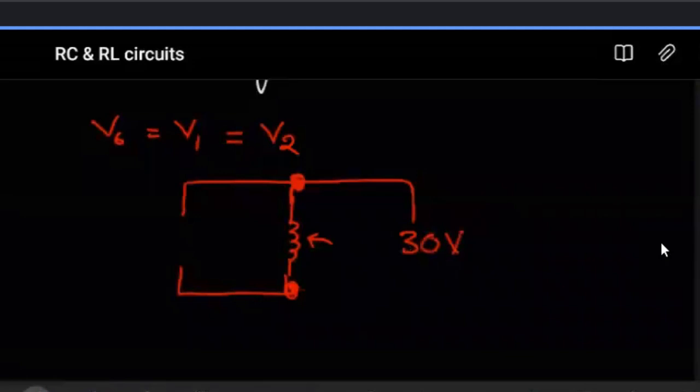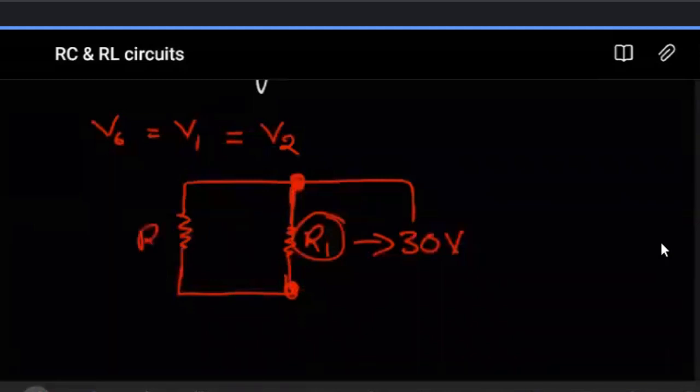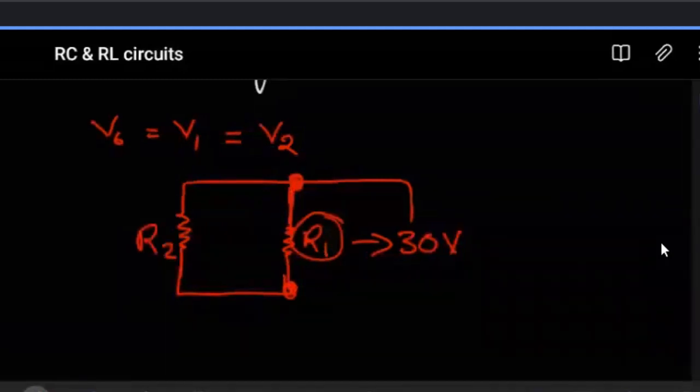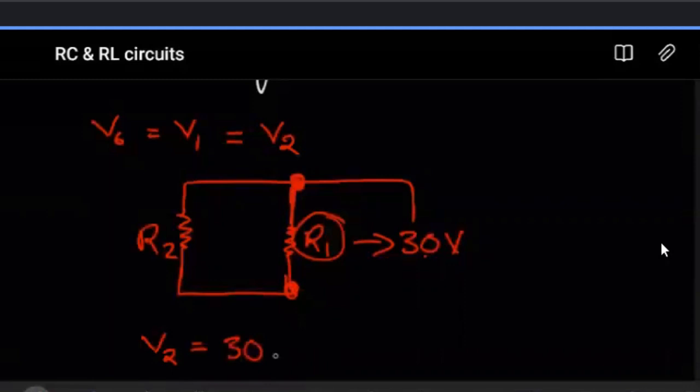If you have a resistor R1 here, the drop across R1 is going to be equal to 30 volts. But since R2 is also in parallel to R1 and to the 30 volts, we expect the voltage drop across R2 to also be 30 volts. So these are expected to be the same.